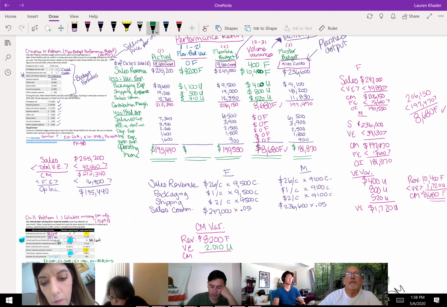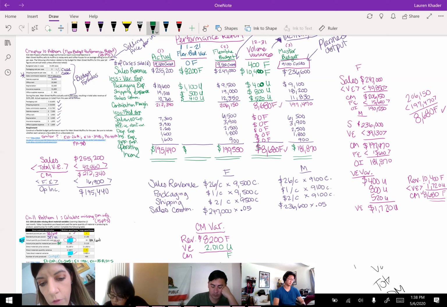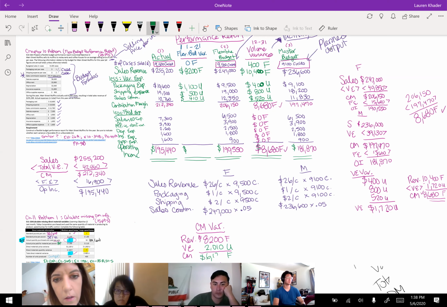And a 6,190 favorable. Yeah, so it's going to be favorable because you have more favorable variance for revenue, and it's 6,190, correct? And that is the difference when you're comparing 212,340 versus 206,150.